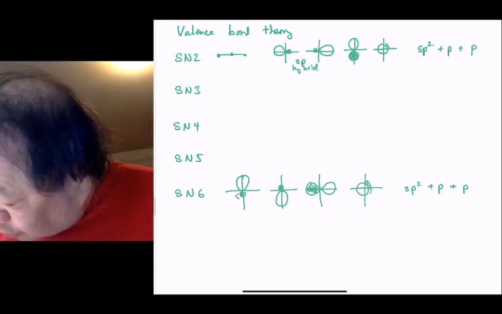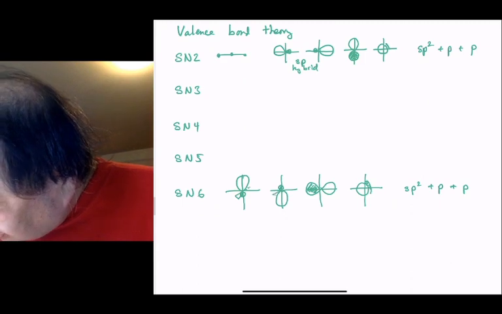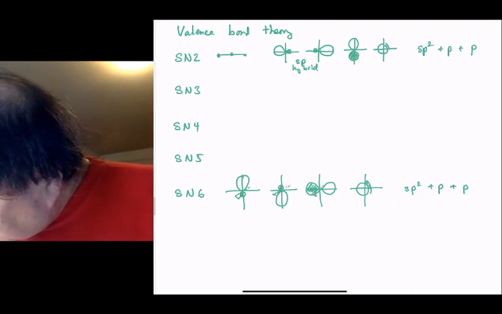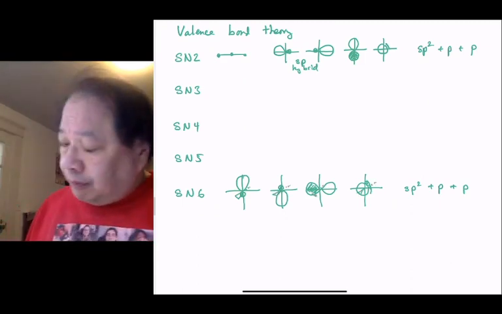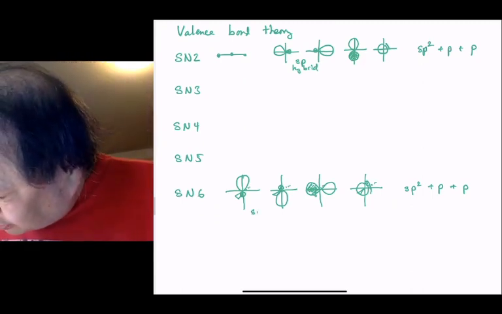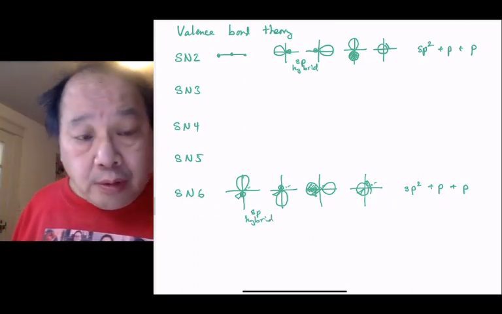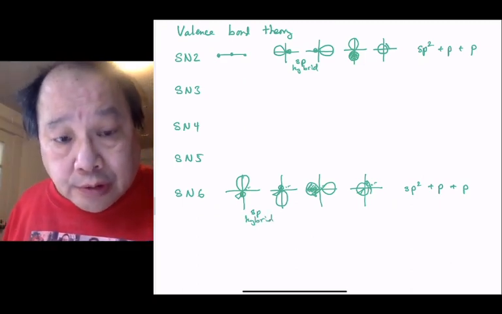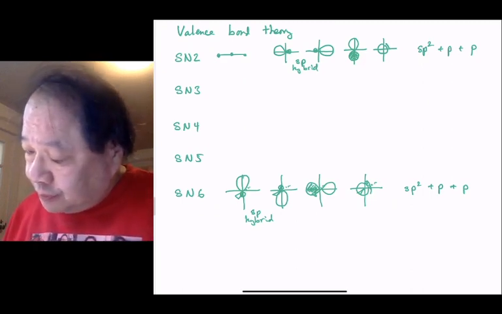And I'm going to draw, because it's steric number 6, the octahedron. And we now have two sp hybrids pointing along two directions of the bonds. But we have two p orbitals pointing along the remaining directions of steric number 6.